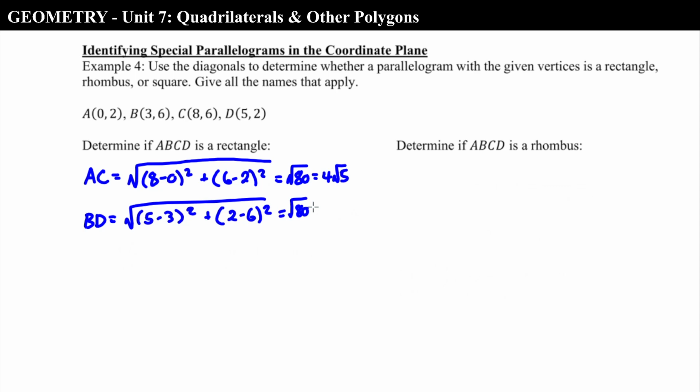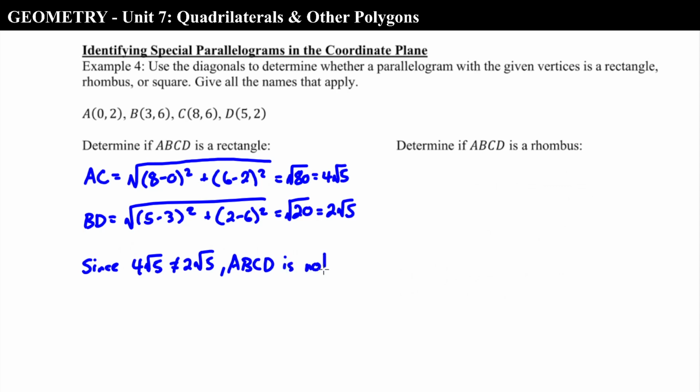That gives you the square root of 80, which is also 4 square root of 5. Actually, let me correct myself here. 2 minus 6 squared, it's actually the square root of 20, which is 2 times the square root of 5. So since our diagonals are different lengths, since 4 square root of 5 does not equal 2 square root of 5, then ABCD is not a rectangle.